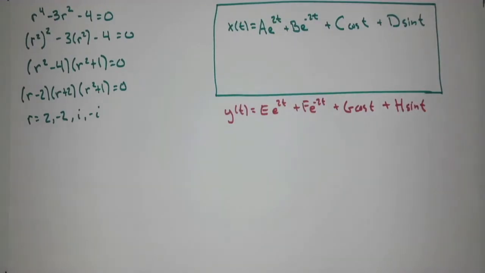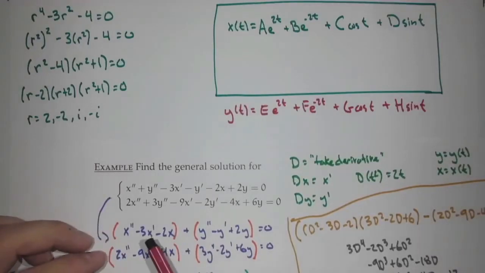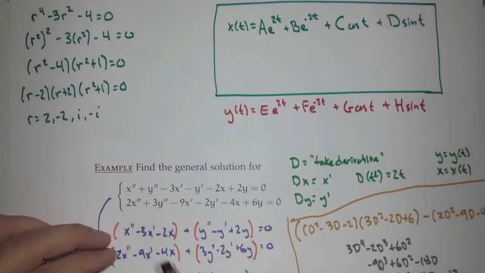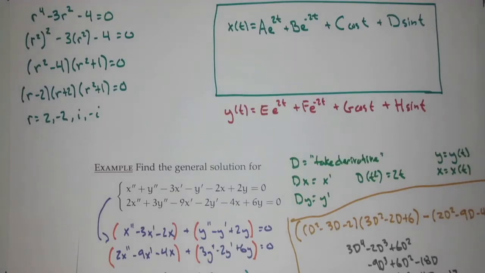Let's go back to the original problem. How many derivatives are involved? What's the highest derivative of x? What's the highest derivative of y? Yeah, 2 derivatives for x, 2 derivatives for y.